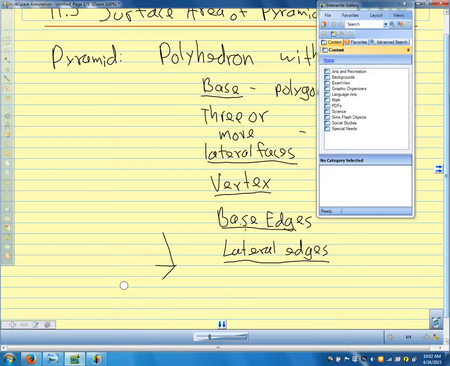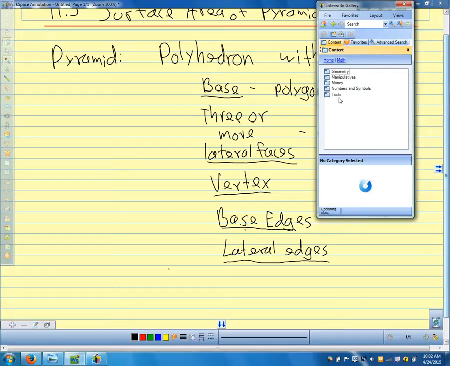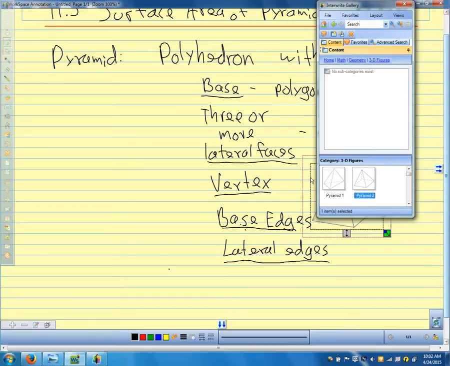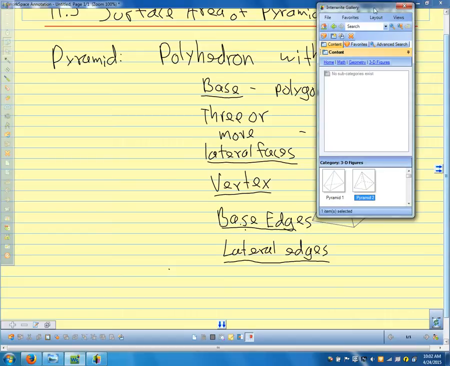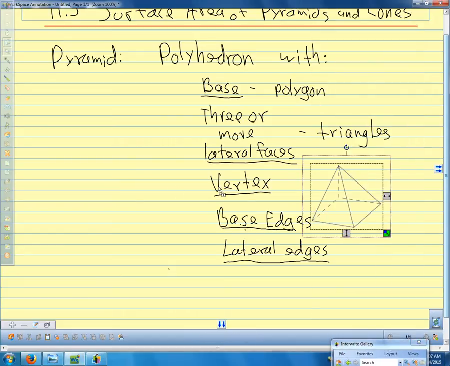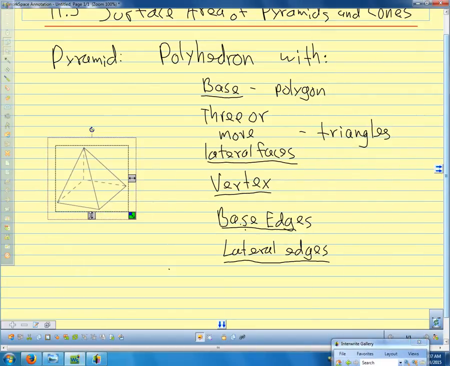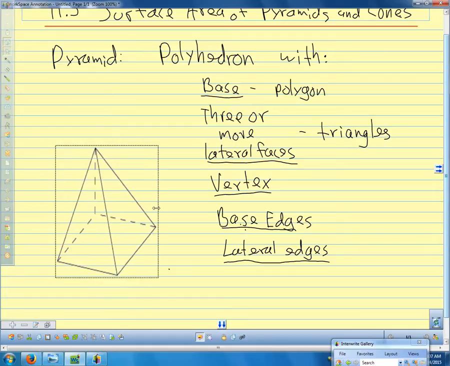All right. So I have some nice drawings here. Geometry, 3D figures. And I'll use that pyramid. So there's my pyramid. We're going to label all of our pieces here.